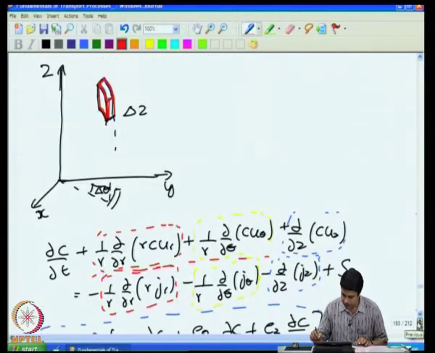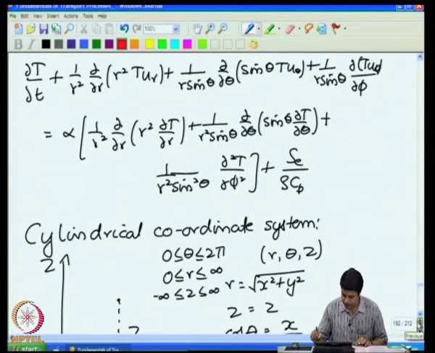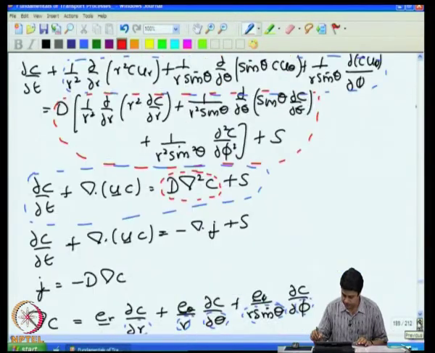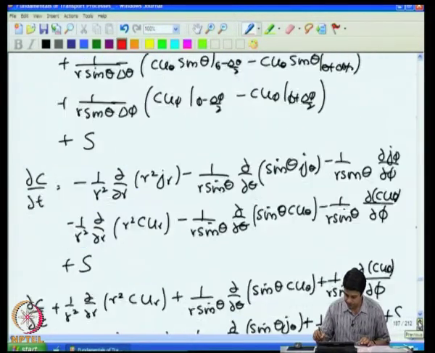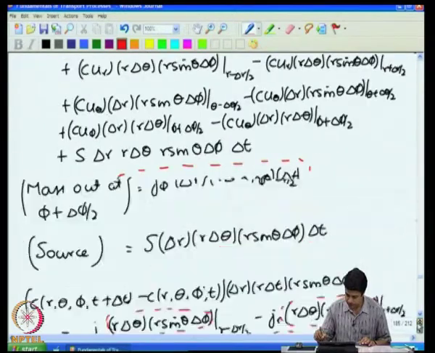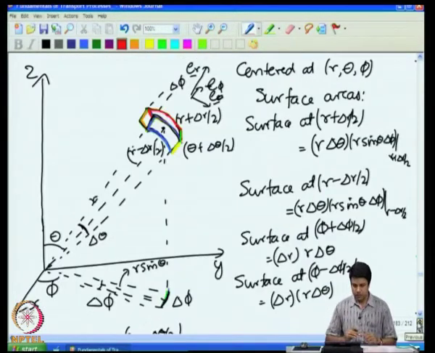So, when we looked at, for example, a spherical coordinate system, we looked at a shell whose surfaces are surfaces where the coordinate is a constant. There were three coordinates in a spherical coordinate system, the r, theta and phi coordinates.